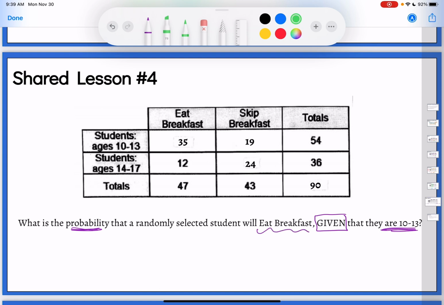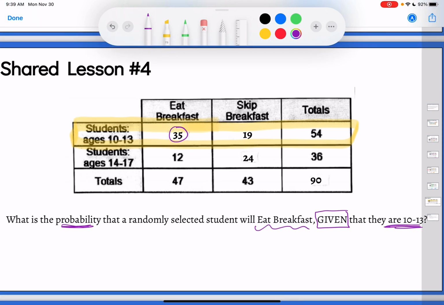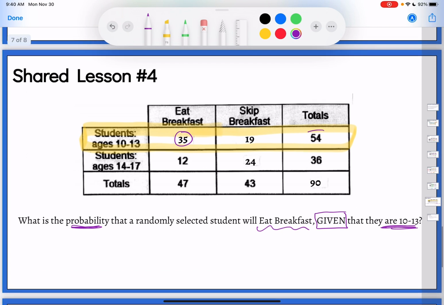So we're narrowing down our table to only the ones that are 10 to 13 years old. So we're only focusing on this row right here, right? I don't care about the 14 to 17-year-olds. I already know my student is 10 to 13. I just want to know what's the probability that they will be eating breakfast. So that fraction would be 35 out of 54.